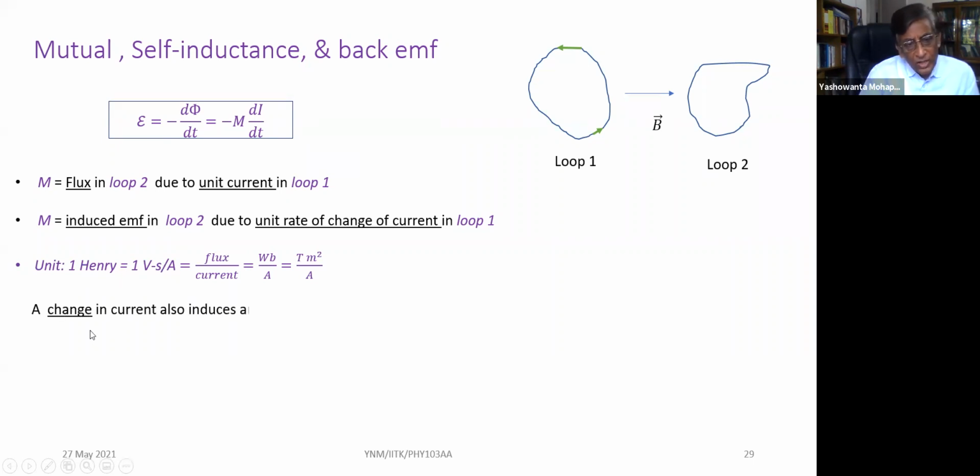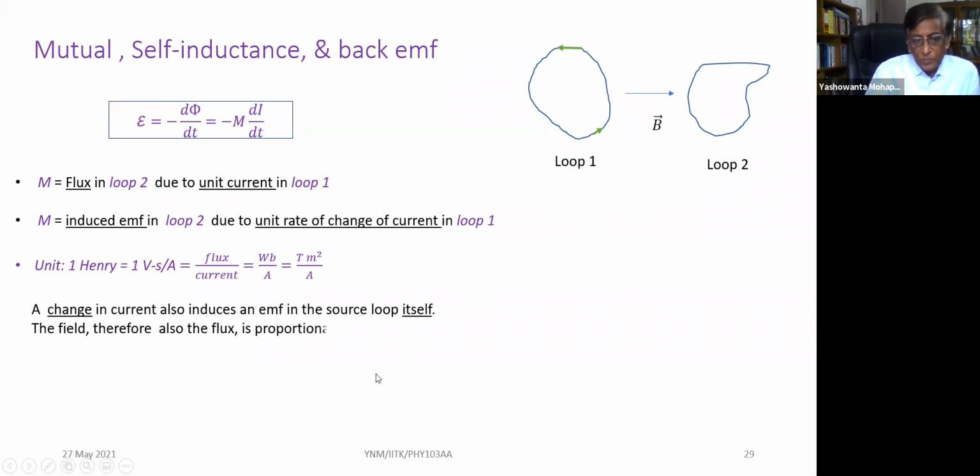A change in current not only induces an EMF in the other loops; suppose I have only one loop, then a change in current also induces an EMF in the source loop itself. So the field, and therefore the flux, is proportional to the current for that source loop itself.